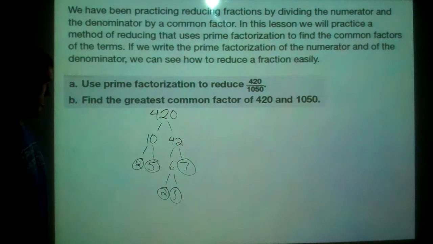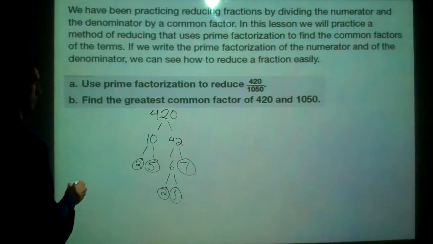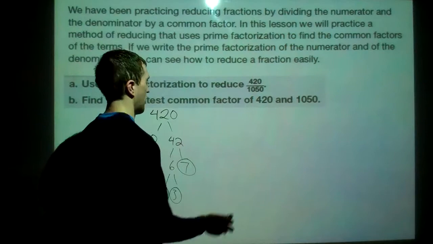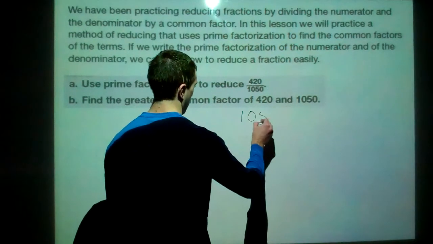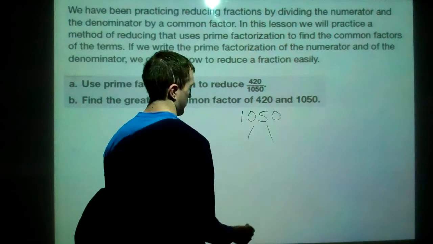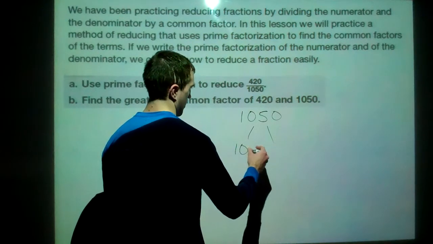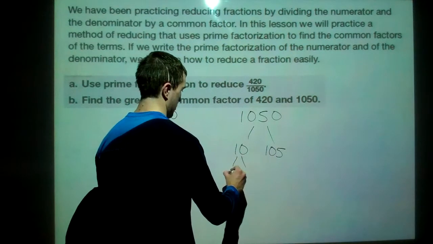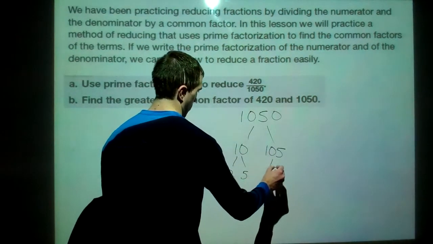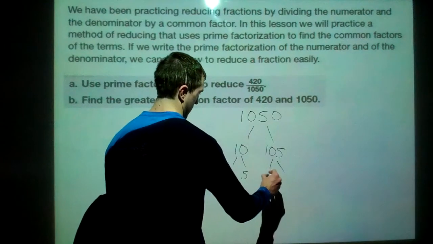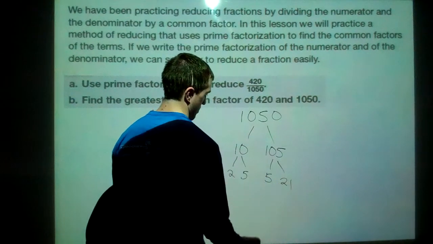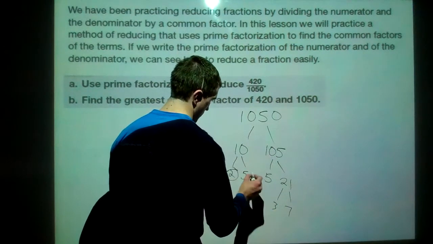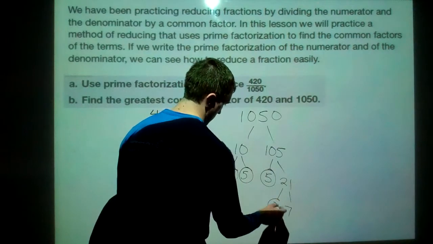So the prime factorization of 420 would be all of those circled prime numbers multiplied together. 1050 looks like that's going to be 10 times 105. And we know 10 is 2 times 5. 105 is 5 times 21, and 21 is 3 times 7. Here are all of our primes.